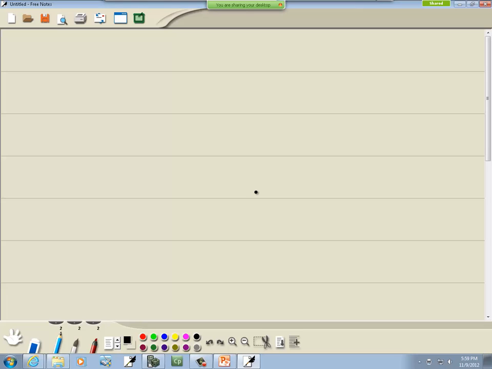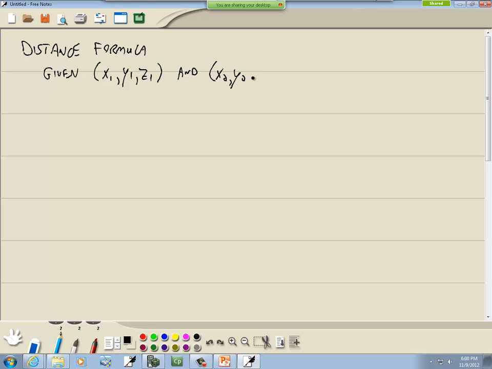Now, our distance formula is kind of what you'd expect. Most of these are. They're the 2 dimensions kind of extended. Given 2 points, x1, y1, z1, so it's a point in 3-dimensional space, and x2, y2, and z2.